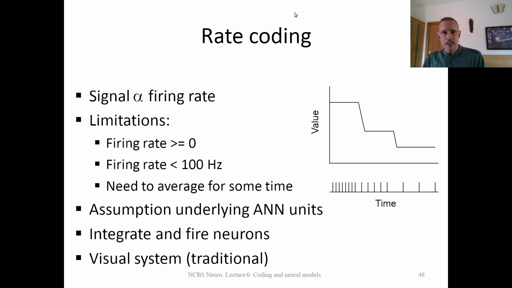You can do rate coding, and this is quite easy to do with neurons. And in rate coding, what you have to do is convert some input value into an output firing rate. You've seen this through input-output curves, which define how a given value of input gives rise to a certain output firing rate. You've seen this happen in different kinds of neuronal models, artificial neural networks, integrate and fire, and we'll come to the implementation of this in networks in due course.